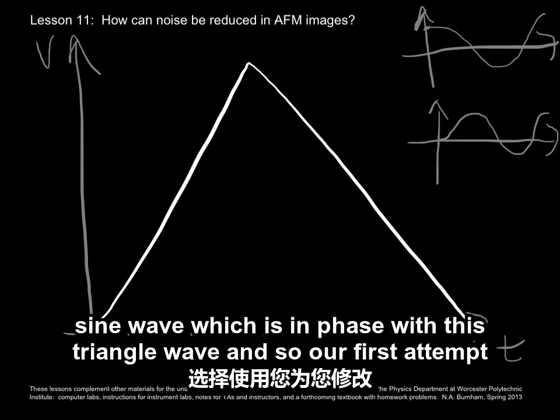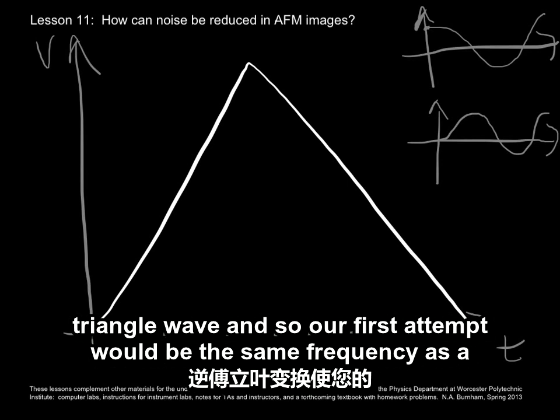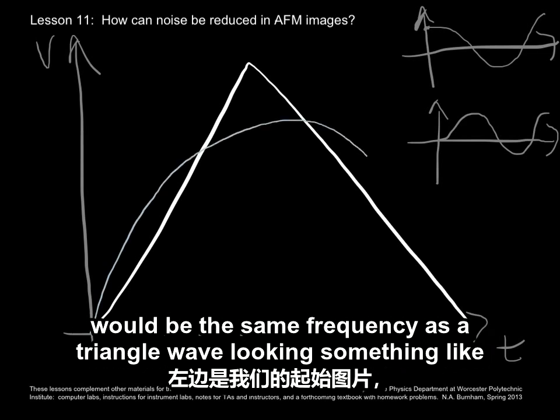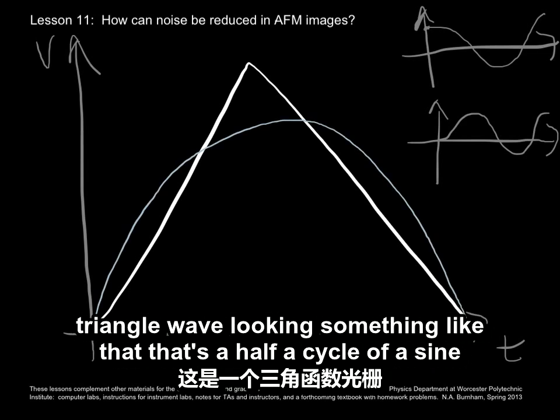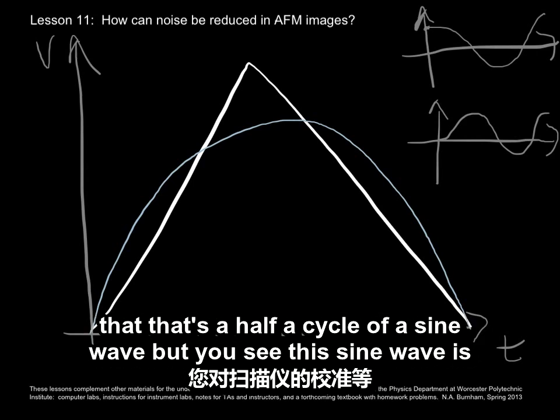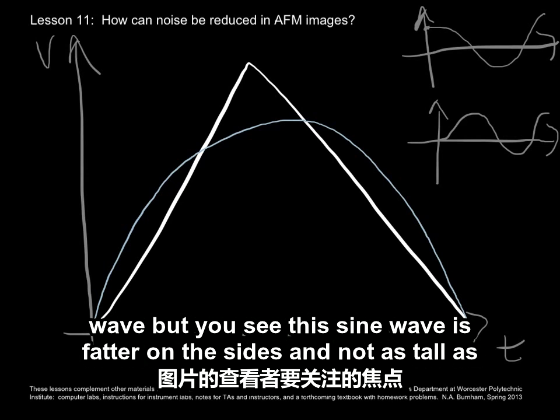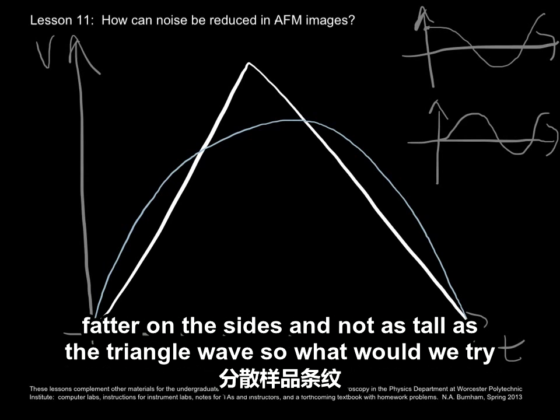And so our first attempt would be the same frequency as the triangle wave, looking something like that. That's a half cycle of a sine wave. But you see, the sine wave is fatter on the sides and not as tall as the triangle wave.